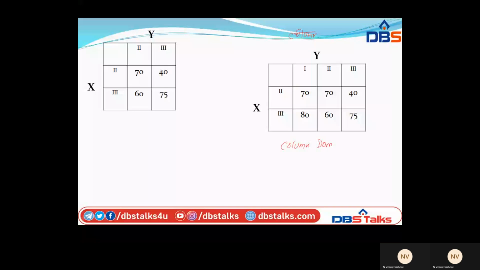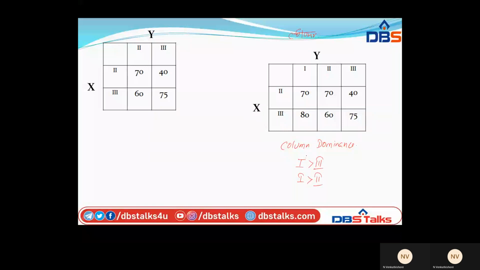If you see clearly, first and third: the first column is greater than the third column, and at the same time the first column is greater than the second column. Which one is the highest? The first column is the highest one.